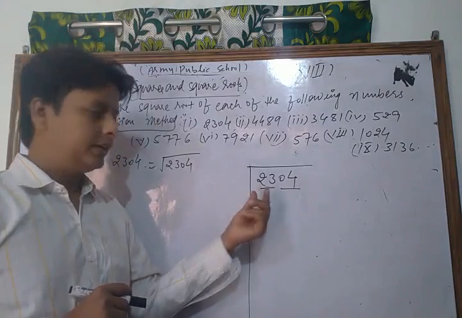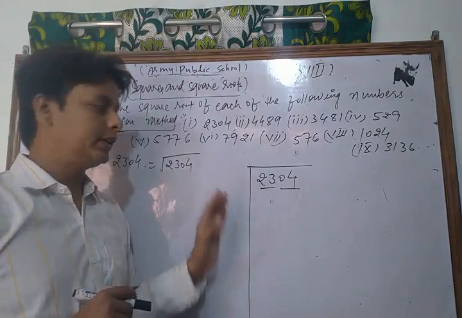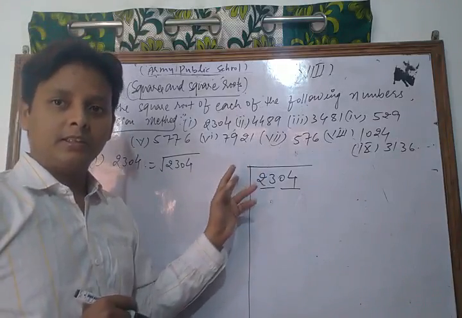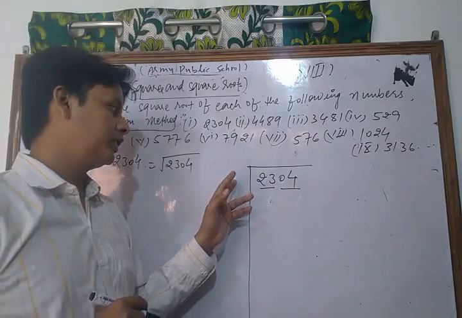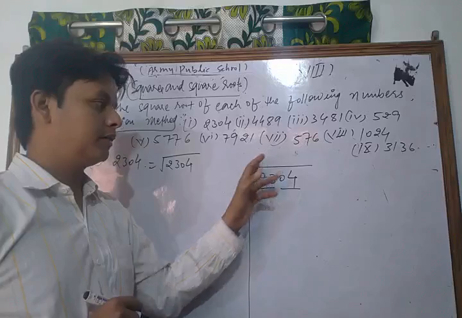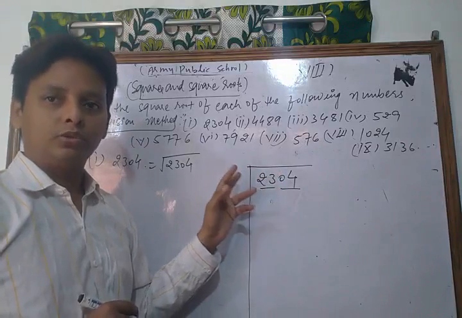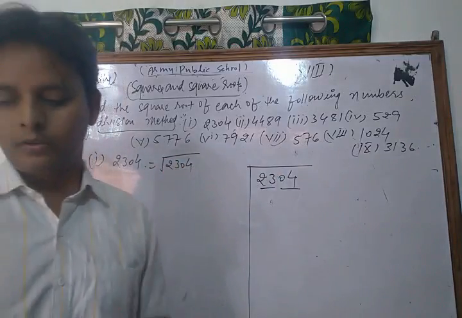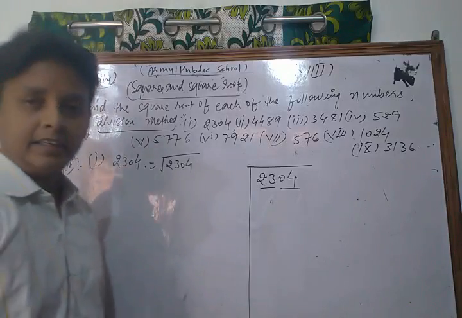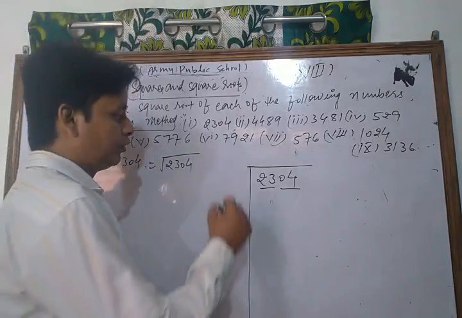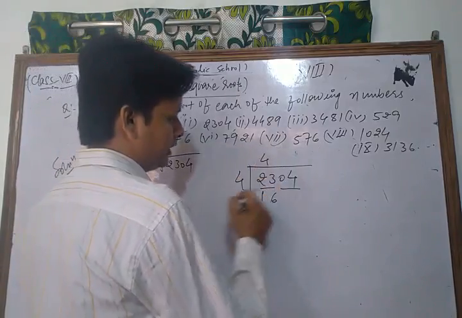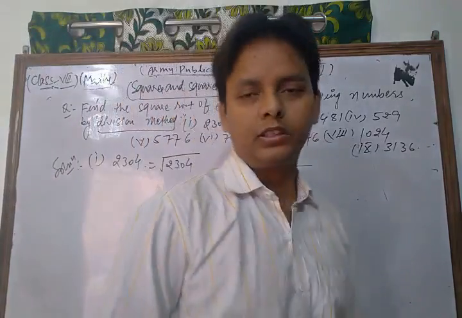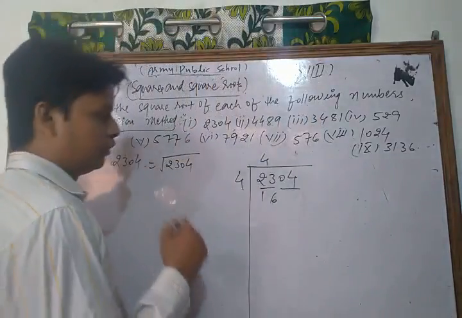Now we take the pair 23. In the division method, we check the tables: 3 threes are 9, 4 fours are 16, 5 fives are 25. Since 25 is greater than 23, we take only 4.